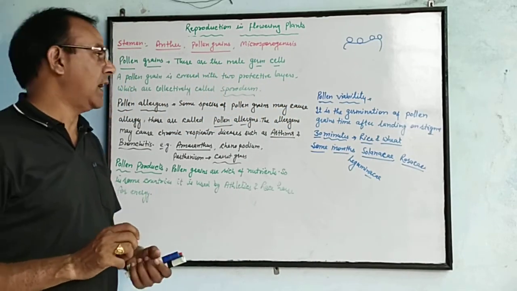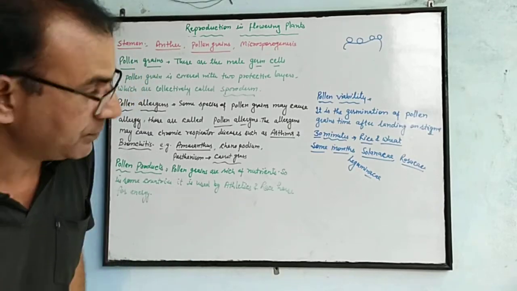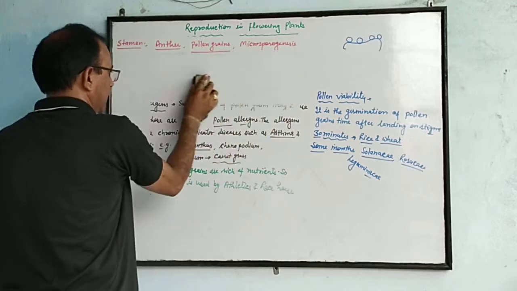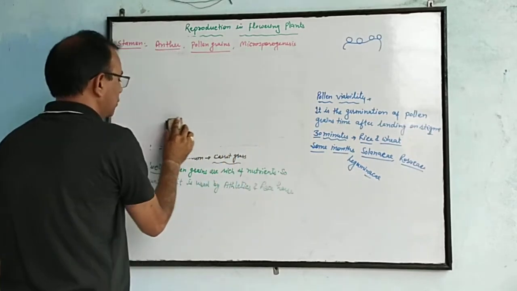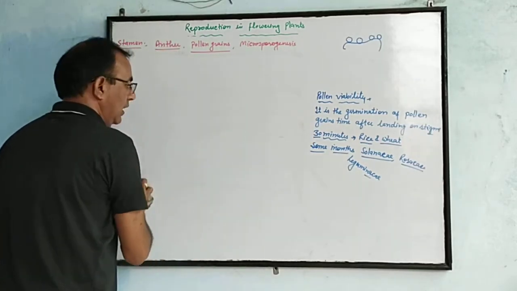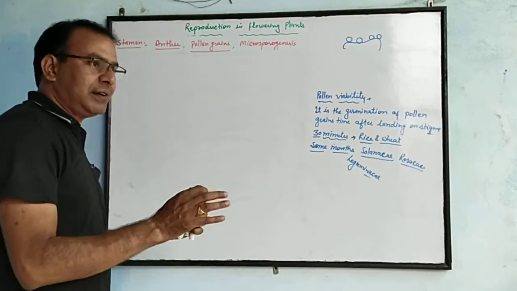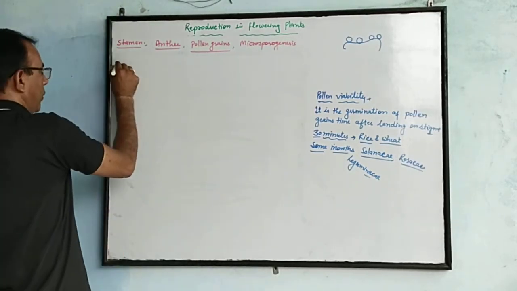And the last one is pollen bank. Pollen grains are stored in pollen banks so that they can be used later, but they are stored using special techniques.